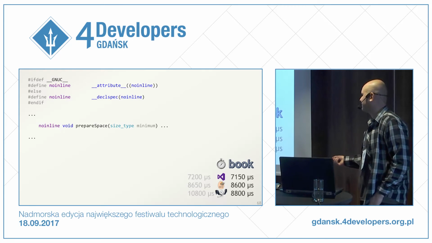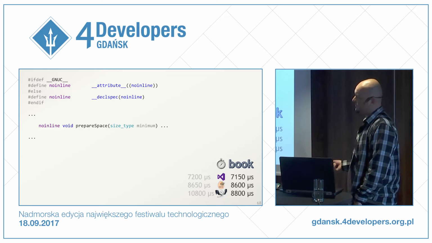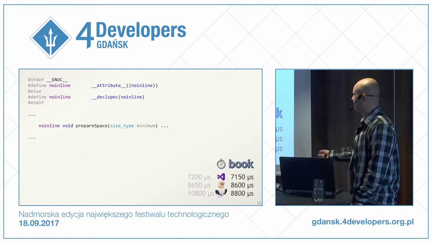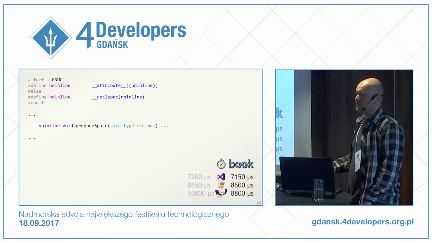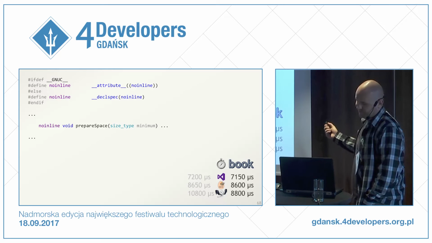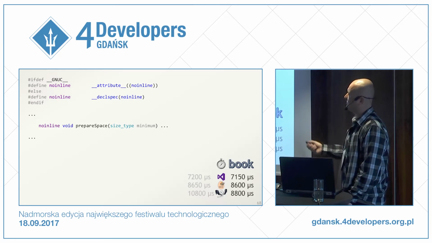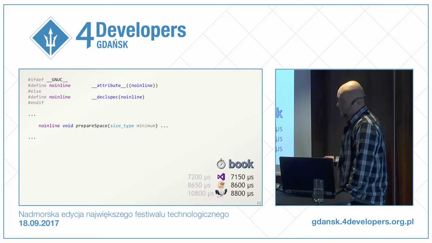The results are as follows. For this particular example, it helps, but it's not said that in some different test scenarios it will help. But I wanted to show you that it is possible to use this kind of manipulation to achieve a better performance result.